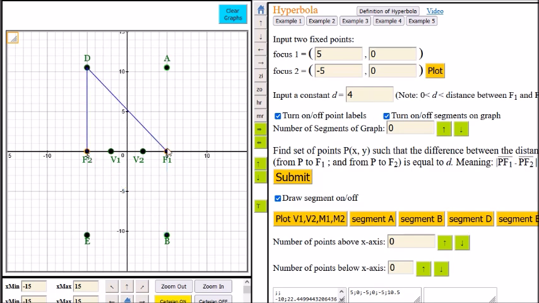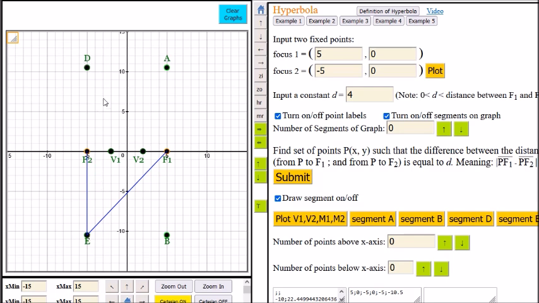The distance from here to here is 14.5, the distance from here to here is 10.5, and therefore the difference between the two distances is 4. And same thing for this point, 14.5 and 10.5. And so that's what we want.